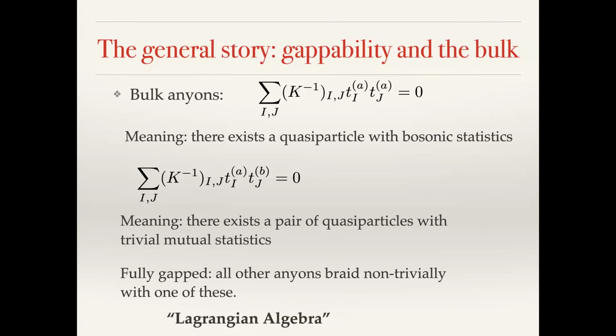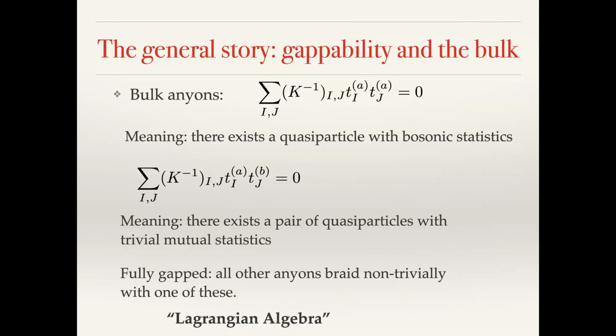Now, the nice message about this, which actually goes far beyond abelian topological orders, is that you can view this gapability of the edge as a statement about the statistics of the anyons in your bulk theory, right? I wrote this up really quickly and didn't do the calculation, but from this K matrix, we can calculate the statistics of the bulk anyons, the guys that source gauge field I and the guys that source gauge field J. And we can ask, what does this criterion mean in terms of these bulk anyons?